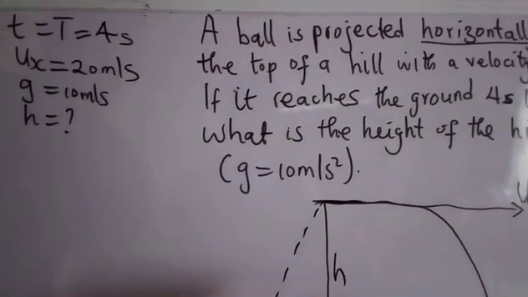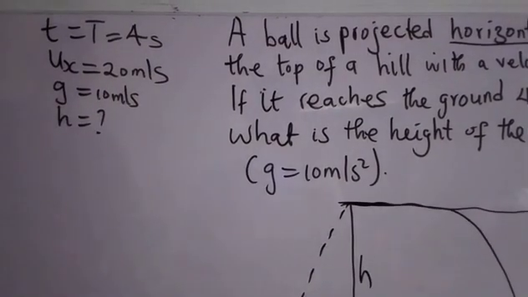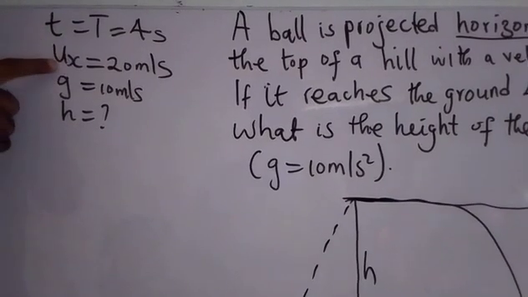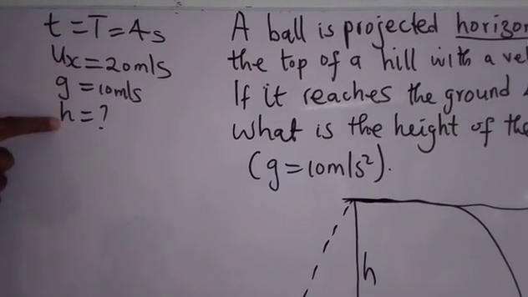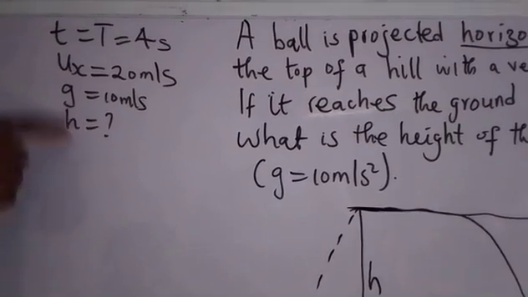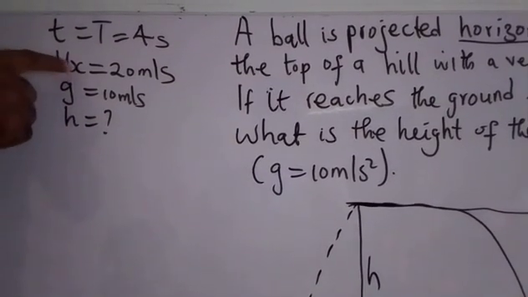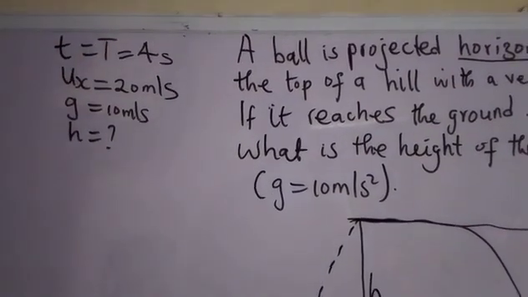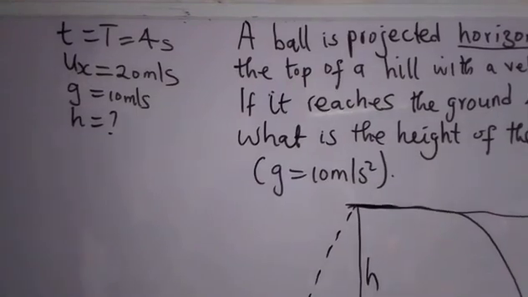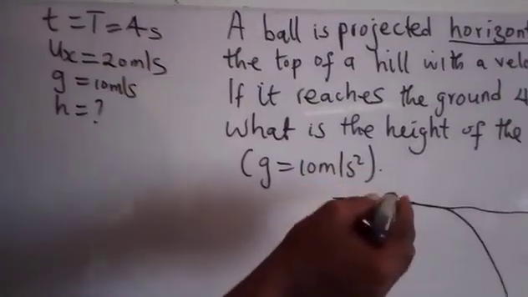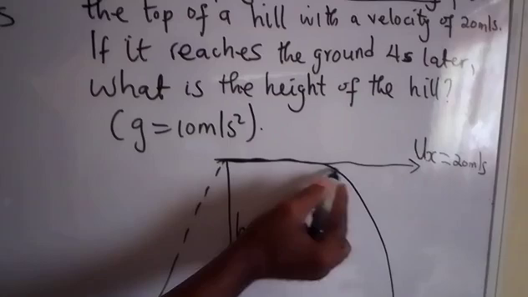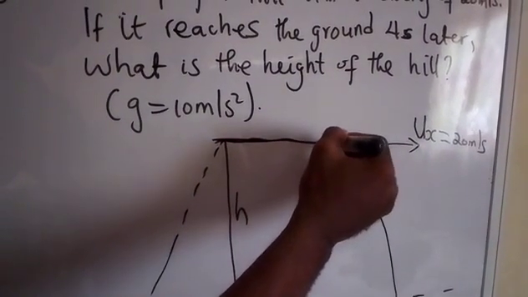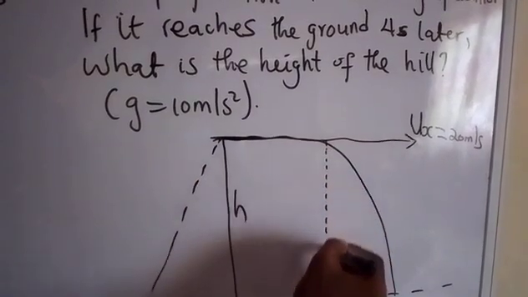Now look, you have t, you have u, you have g, you have h, and that's what you're looking for. You can't use this u for horizontal projection if you are solving anything vertically. What does that mean? I'll take us back to this diagram. From where I curved this, it means there was a time this object decided to fall vertically down.